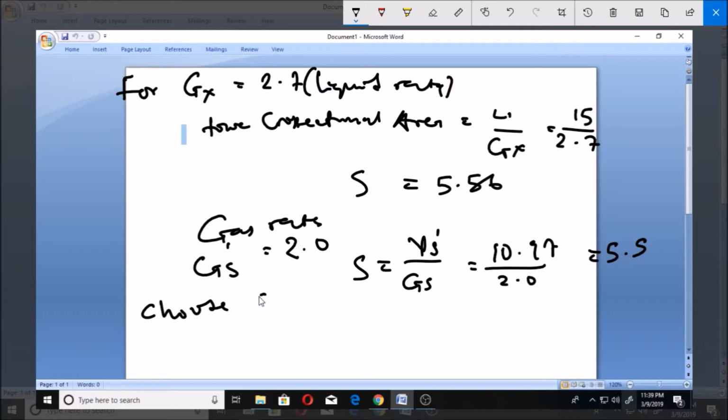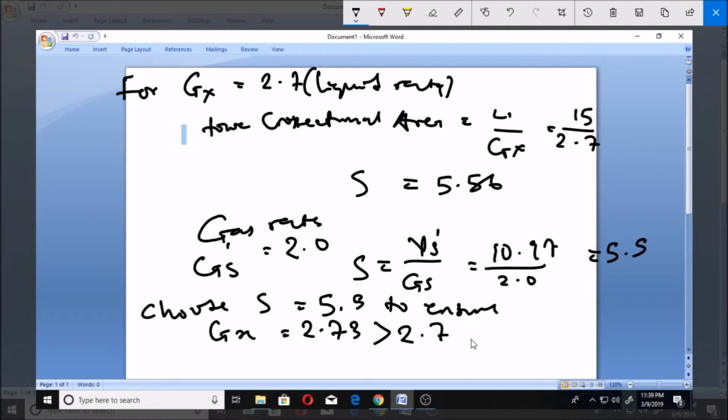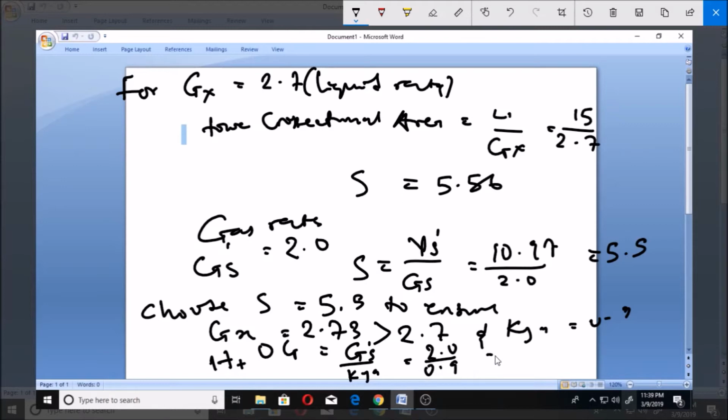So having these two values, we choose the area to be equal to 5.5 to ensure that our Gx is equal to 2.73, which is greater than 2.7, and that our kya is equal to 0.9. So having that in mind, we can now say that HOG, the height, is equal to G prime over kya, to give us 2.0 all over 0.9, which will give us 2.22 meters.